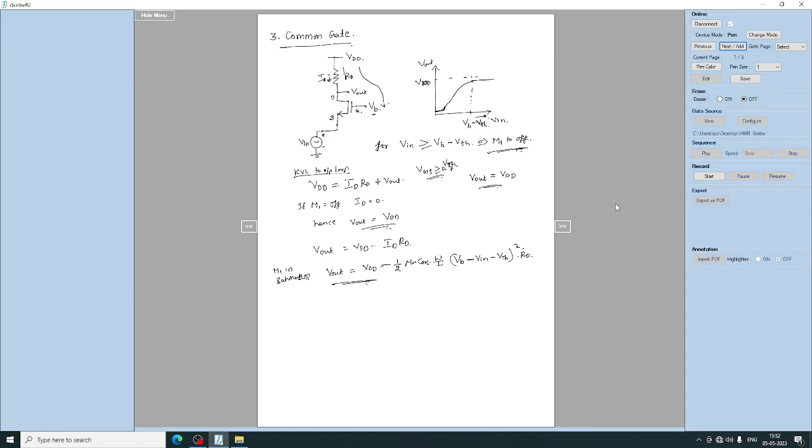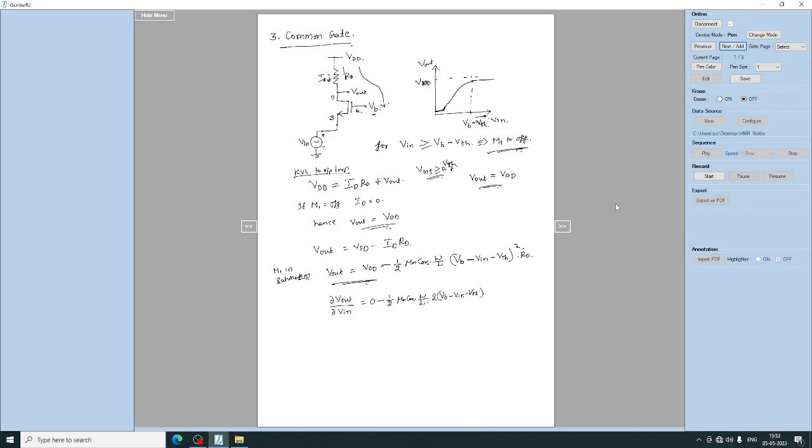For the small signal analysis, we take the partial derivative of this expression with respect to V in. So dV out by dV in is equal to 0 minus 1 by 2 into mu n COX W by L into 2 times (VB minus V in minus VTH).